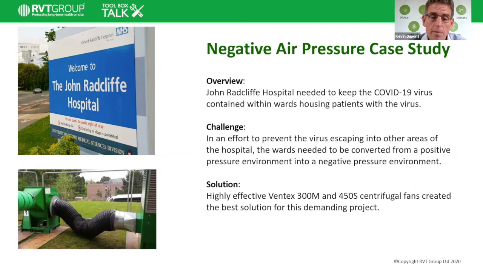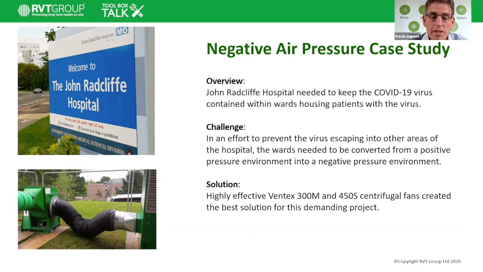Because this ward was attached to the rest of the hospital, there's always a risk that the COVID could spread to the remains of the hospital. So we had to change the ventilation from a positive to a negative pressure system. This meant some significant fans and filters, and the fans achieving extremely high air changes because of the nature of the virus.